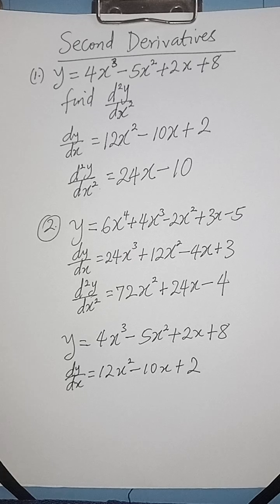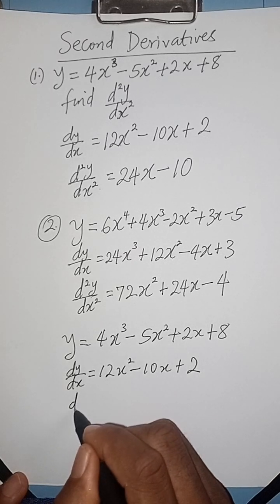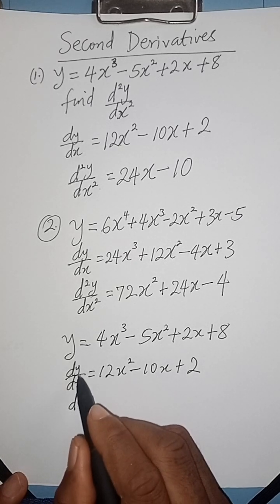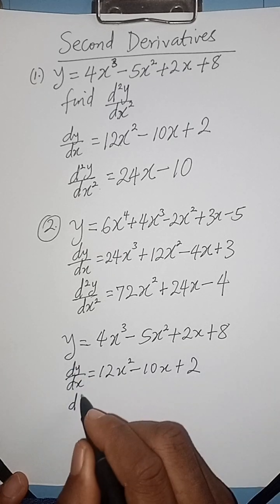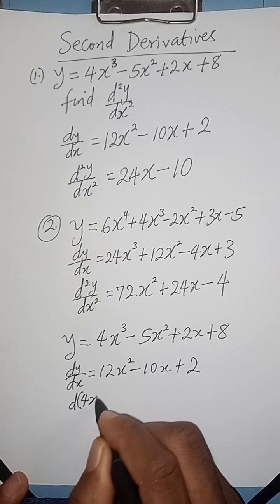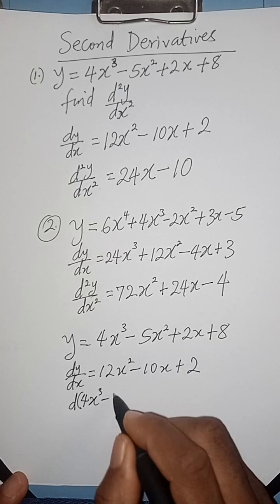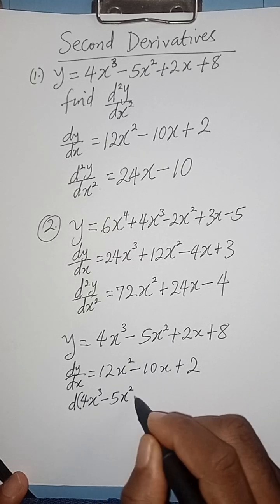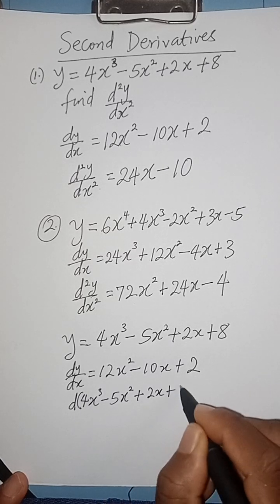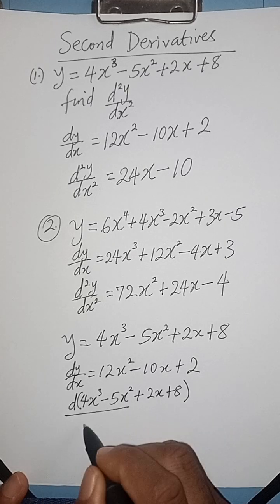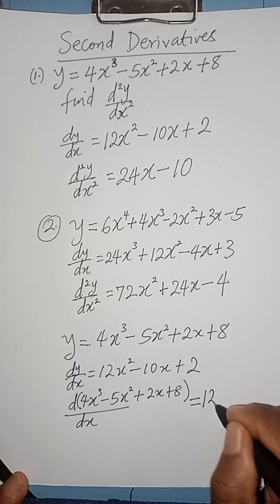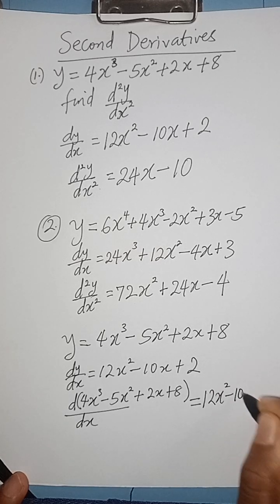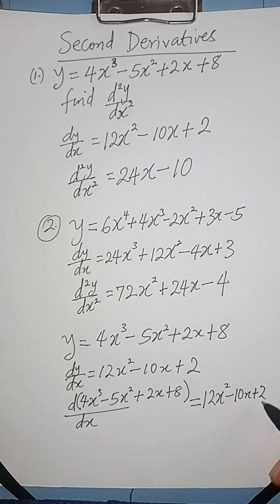Do you know this can be represented as d, and in place of this y, I'll put the function, open a bracket, 4x cubed minus 5x squared plus 2x plus 8, close the bracket, over dx, and it's equal to 12x squared minus 10x plus 2.